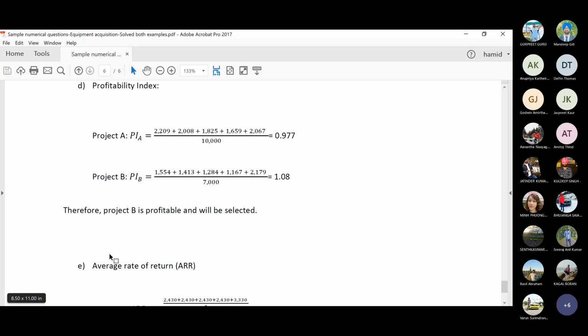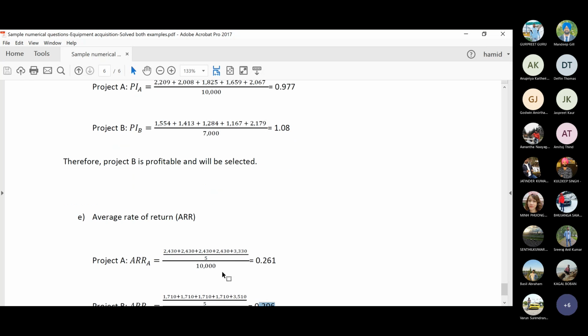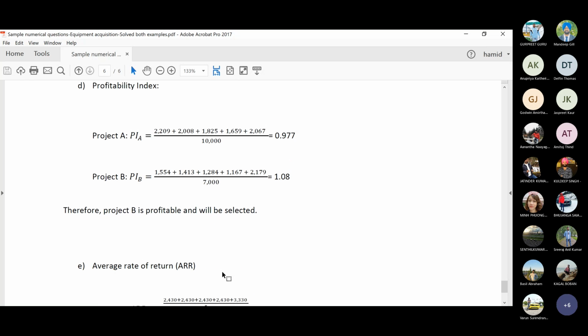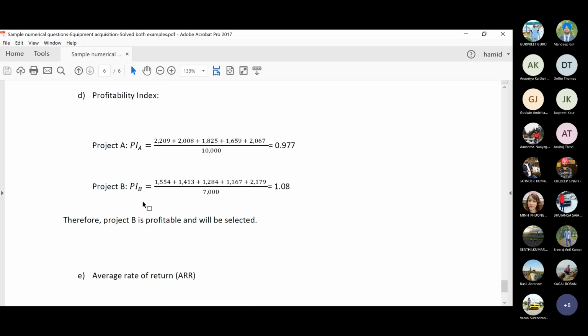What is the main difference between profitability index and average rate of return? Who remembers? Okay, it looks like you have not started to review the course, and that's a little bit unfortunate.